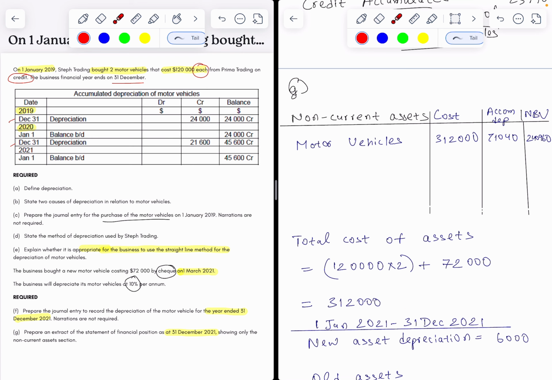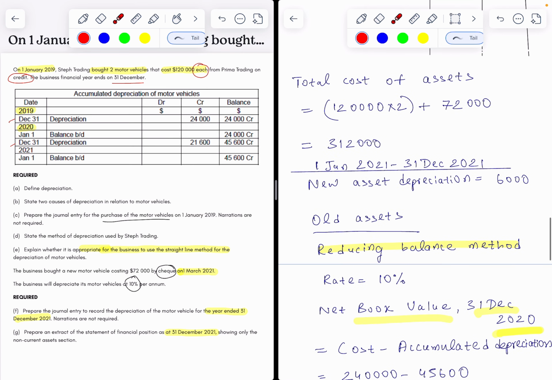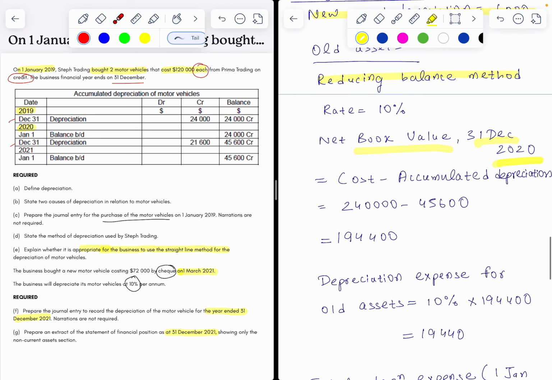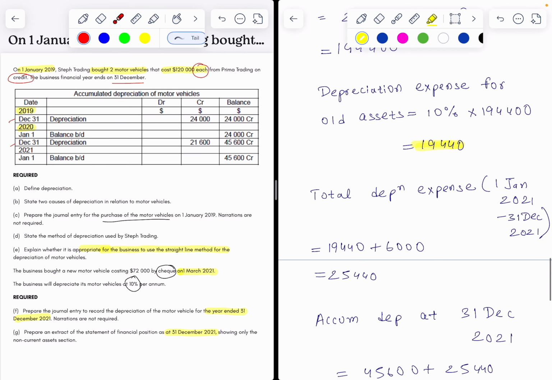And between 1 Jan 2021 and 31 December 2021, we found the depreciation of the new asset to be $6,000 and the depreciation of old assets from previous years to be $19,440, which gave us a total depreciation expense of $25,440. But that $25,440 is only for the financial year of 2021. We need the accumulated depreciation since 1 Jan 2019.